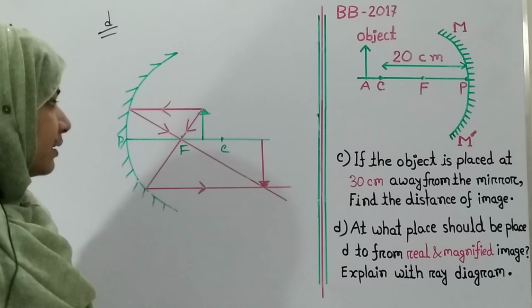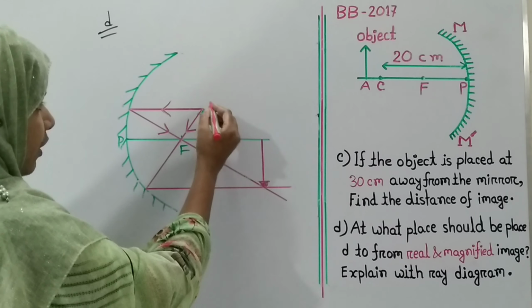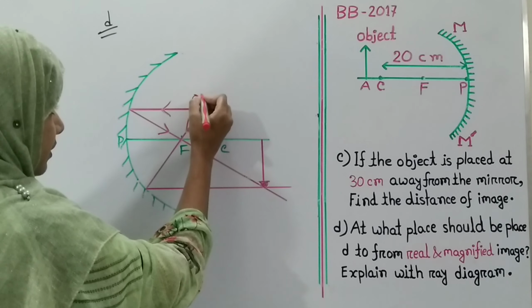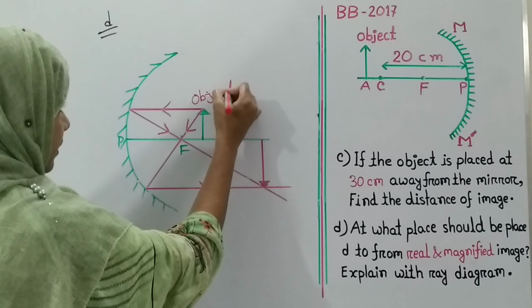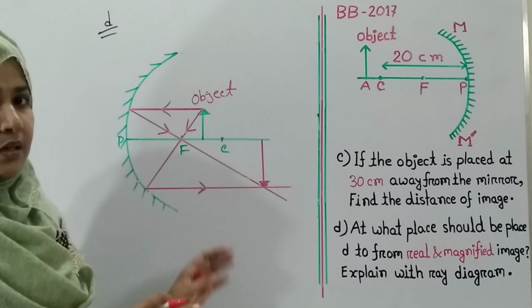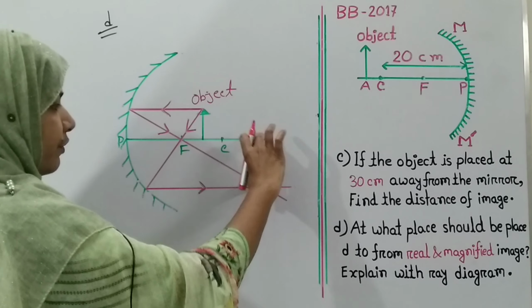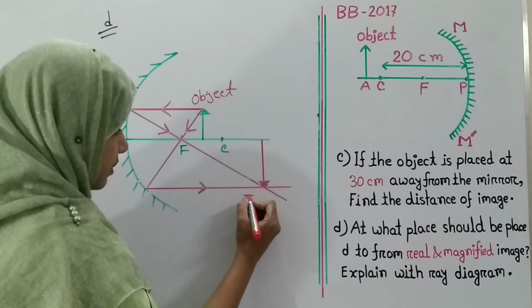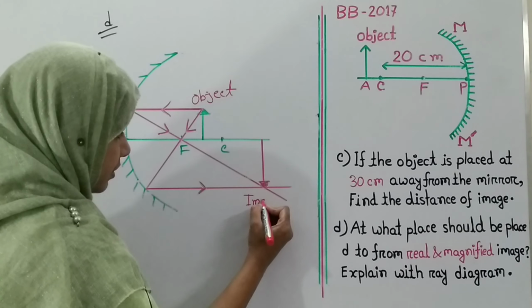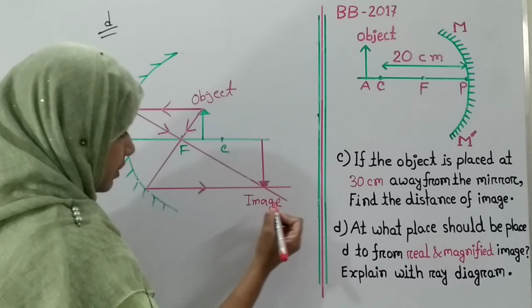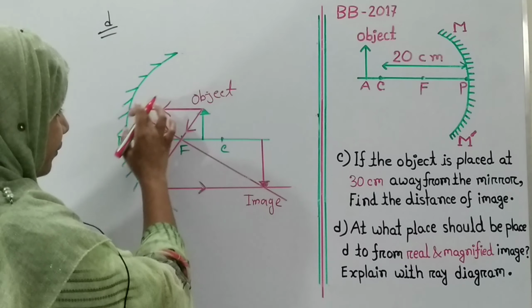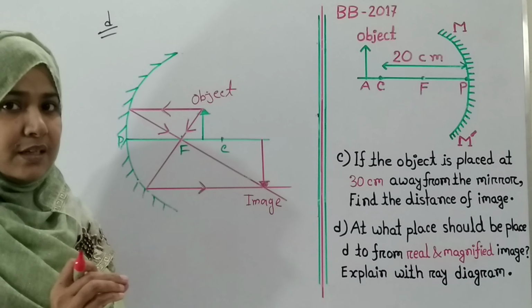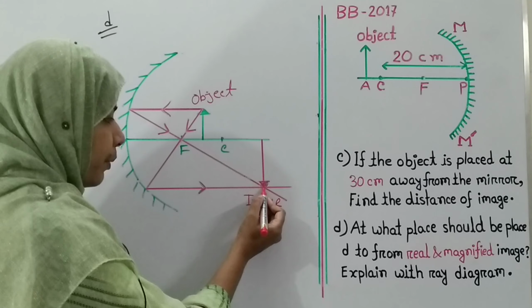Now you can see that this is the object, and after drawing the ray diagram we find the image. Now you can see that after reflection two light rays are actually meeting at a point.